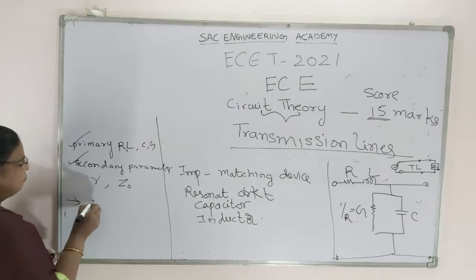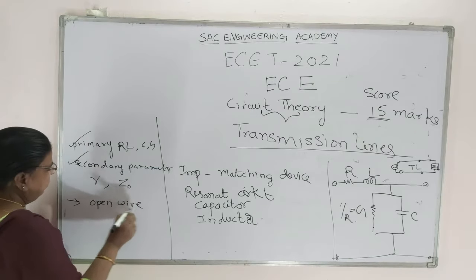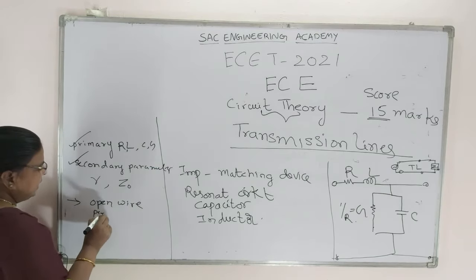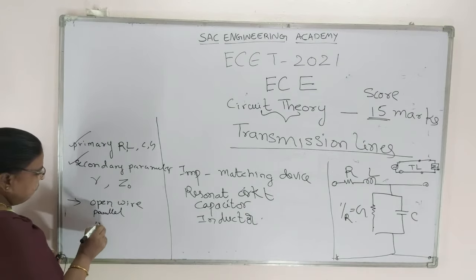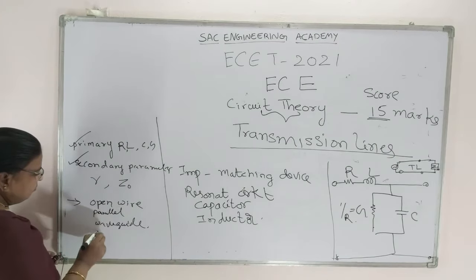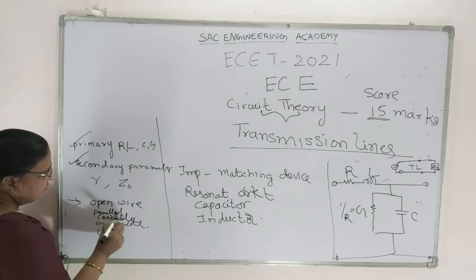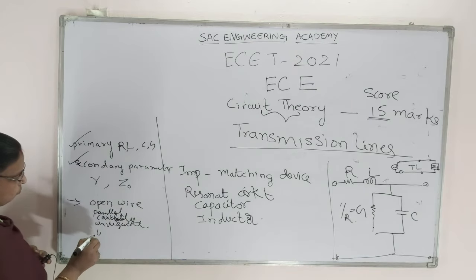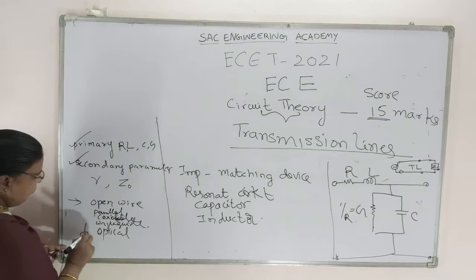Now, what are the different types of transmission lines? Open wire transmission line, parallel transmission line, next, waveguide, coaxial cable, fiber optical cable.